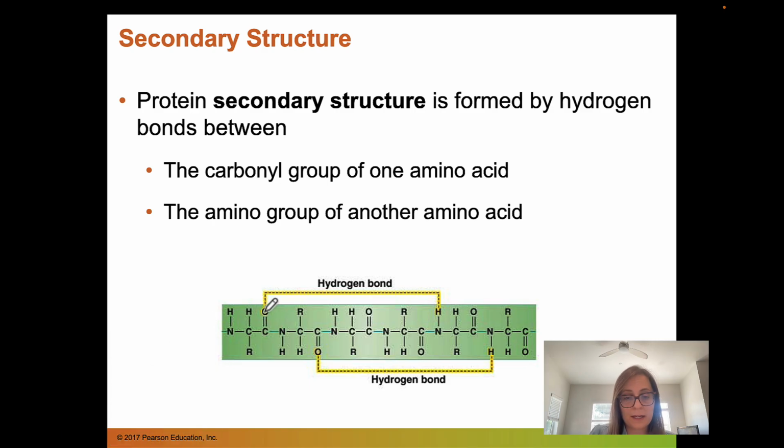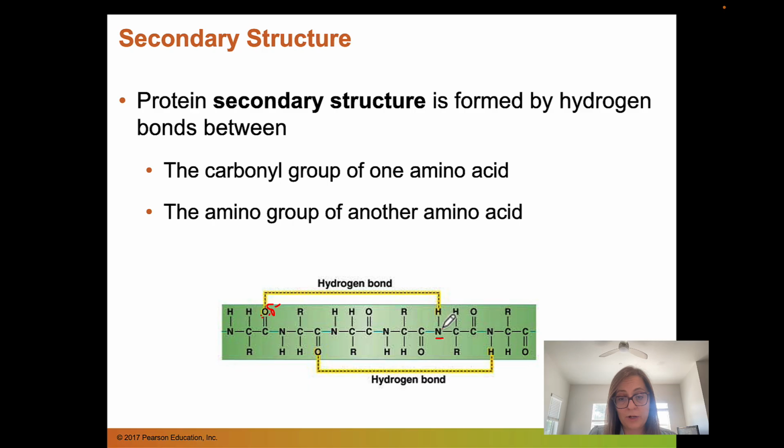So here's a carbonyl group, and oxygen is more electronegative than carbon. And so the electrons in this double bond are going to spend more time orbiting around oxygen than they are carbon because it's more electronegative. And so this is going to give the oxygen a partial negative charge. Now, nitrogen is also a little bit electronegative, especially relative to hydrogen.